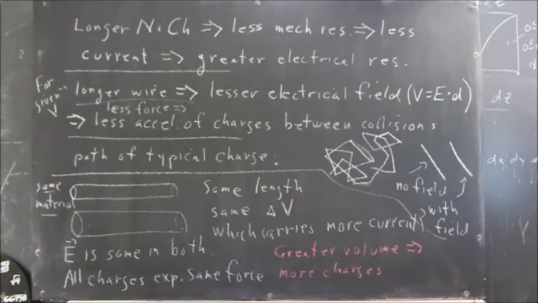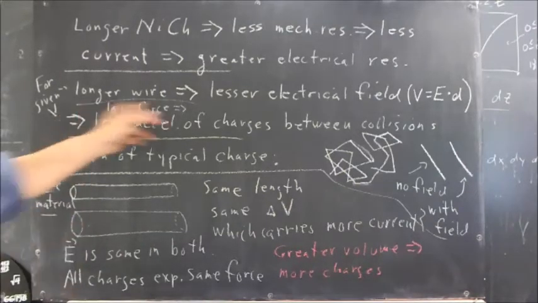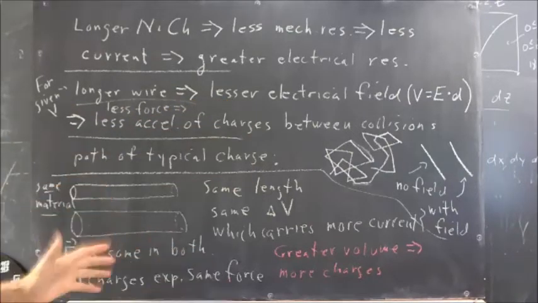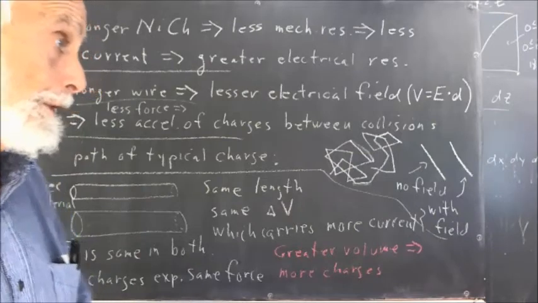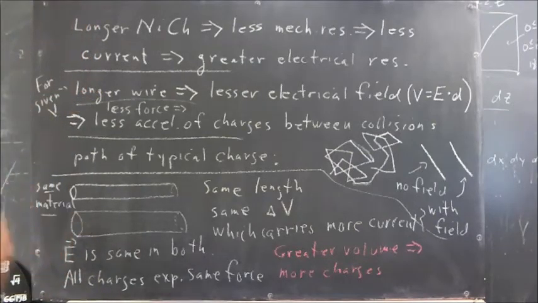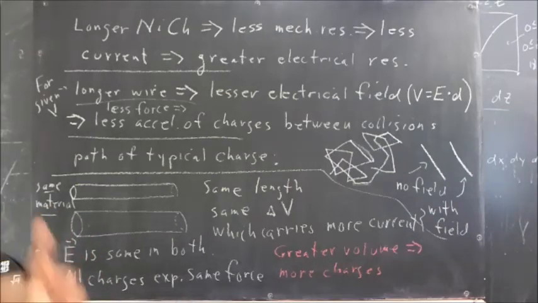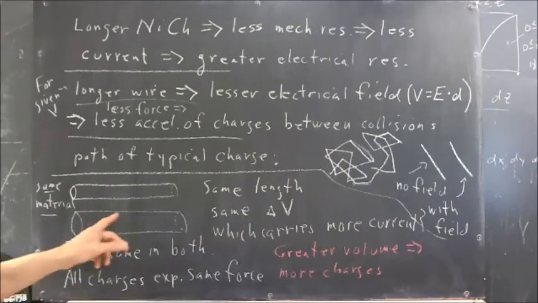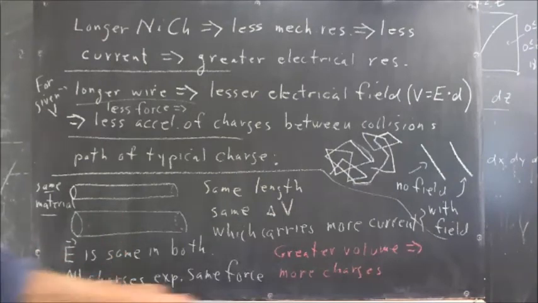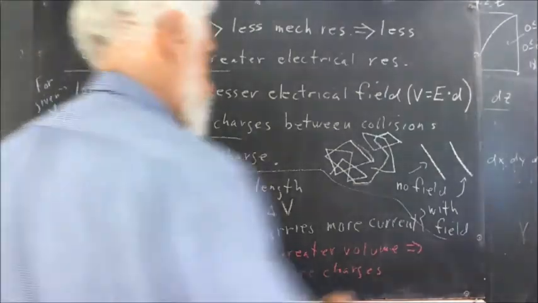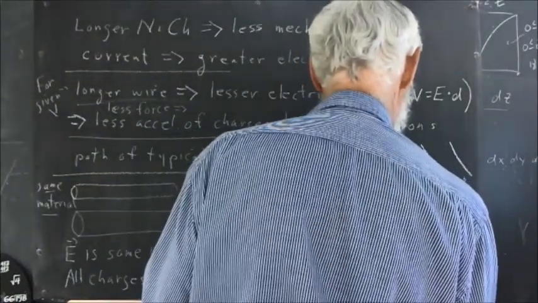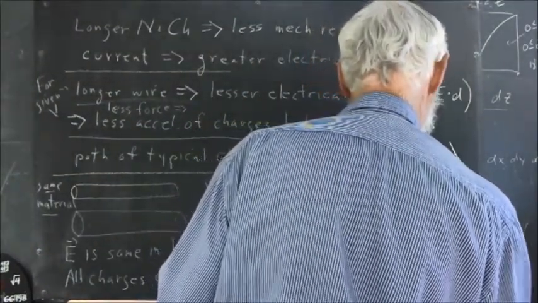So we have the idea that greater length implies lesser electric field, less current, therefore greater resistance. That greater diameter means that there are more charges in any given length that are available, so there are going to be more charges to be drifted past any given point, and that's going to give you greater current. So I could complete this: more current.